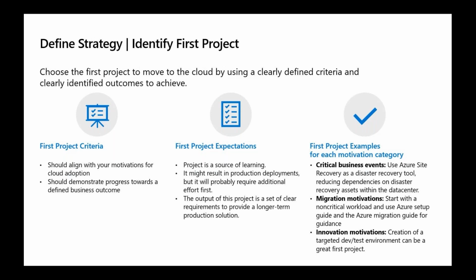One of the important things would be also to specify the strategy and identify the first project to move to the cloud by using clearly defined criteria. And that could be anything. It could be your major business project. It can be some side project, a non-impactful, non-critical one that you'll use for learning and for gaining experience.